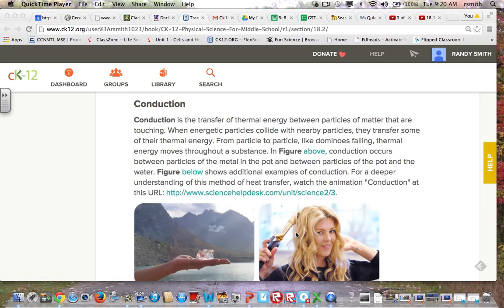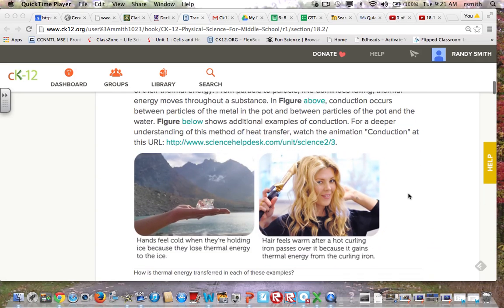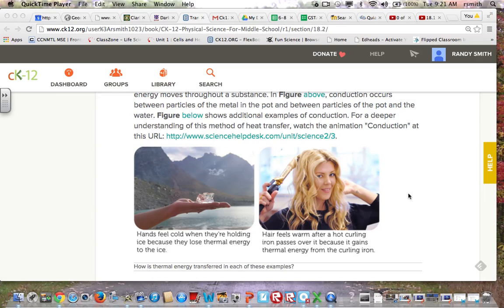In the figure above, conduction occurs between particles of the metal in the pot and between the particles of the pot and the water. The figure below shows additional examples of conduction, the direct transfer of heat. For a deeper understanding, you can click on this particular website and watch the animation on conduction.